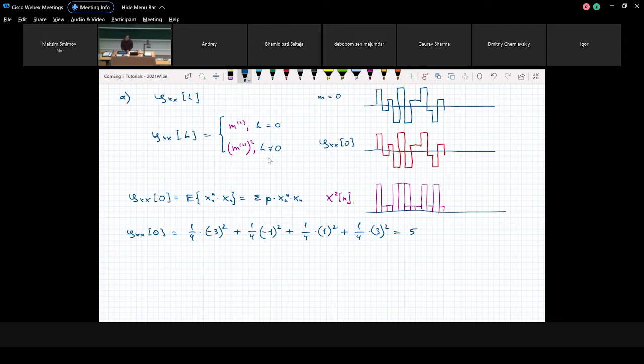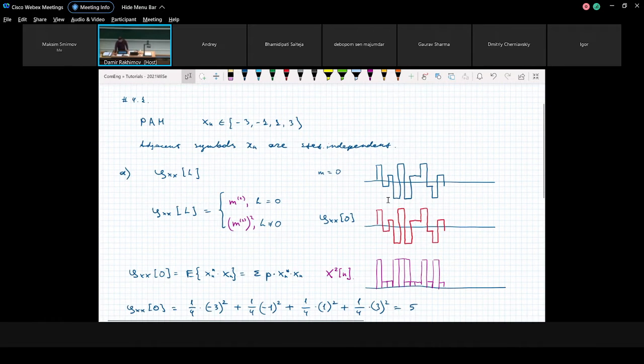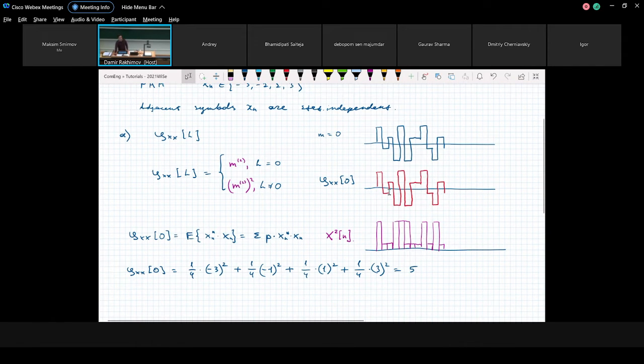This is the definition of the second moment. This is actually what we did, because in our case we have a real valued signal, and then we just calculate the square value. You just take your x, calculate the square, and you get the squared sequence.